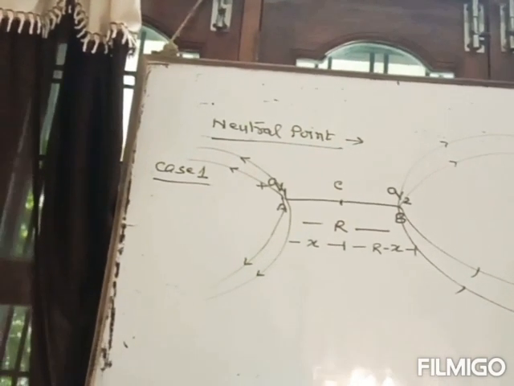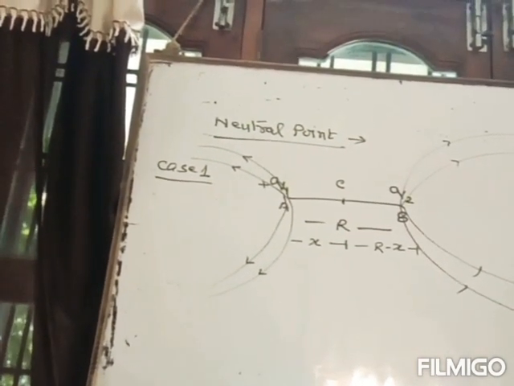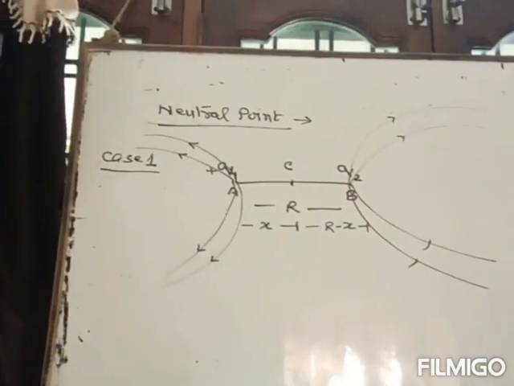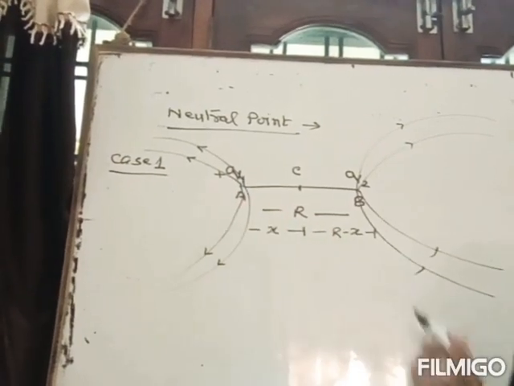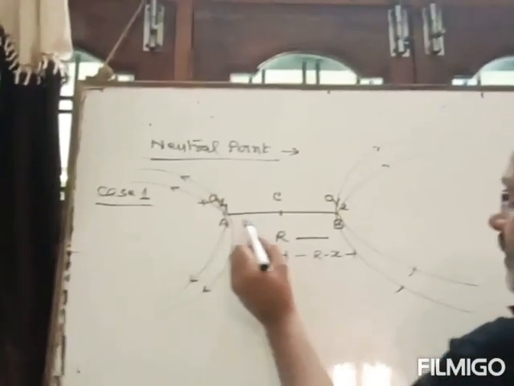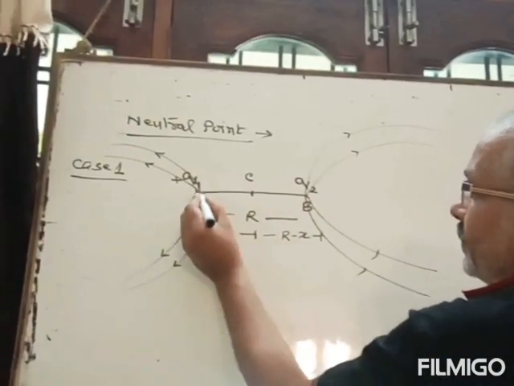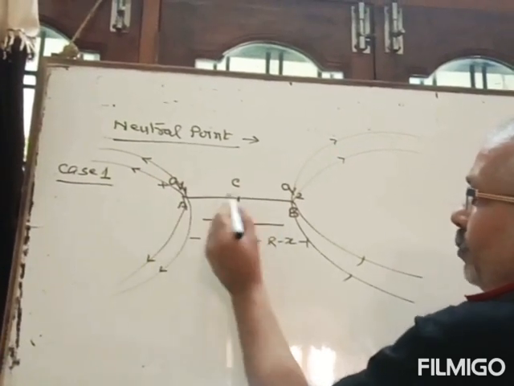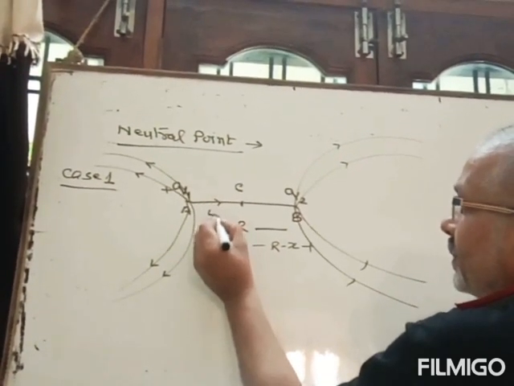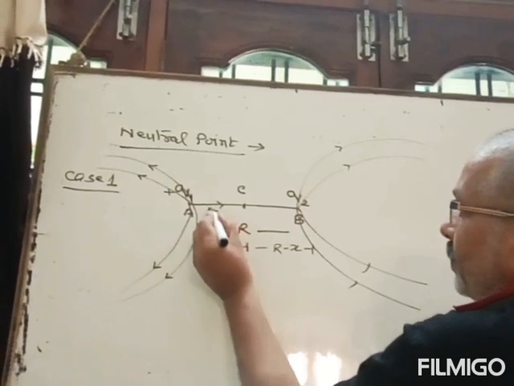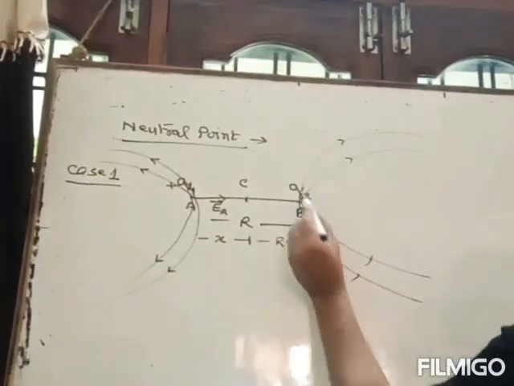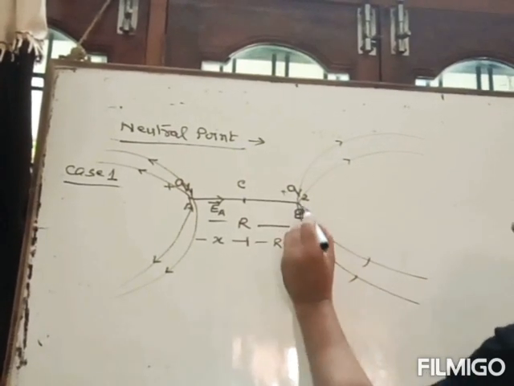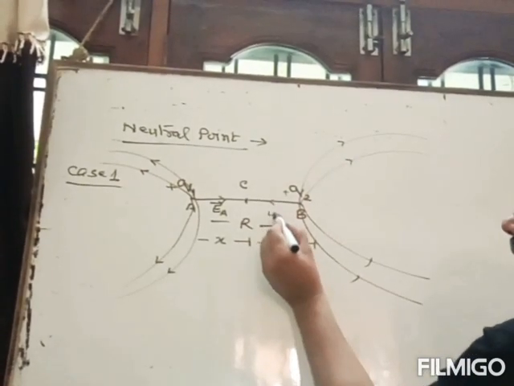Therefore, the direction of the produced electric field at point C due to charge plus Q1 is along AC, positive to given charge, AC, this is EA. And the direction of the produced electric field at point C due to this positive charge Q2 is from B to C, it is EB.